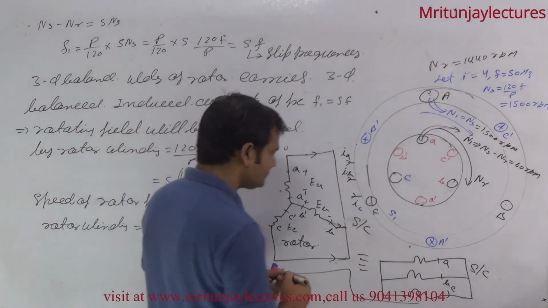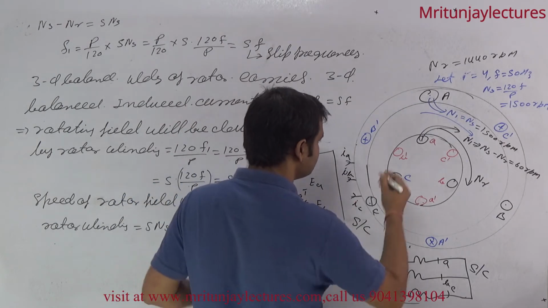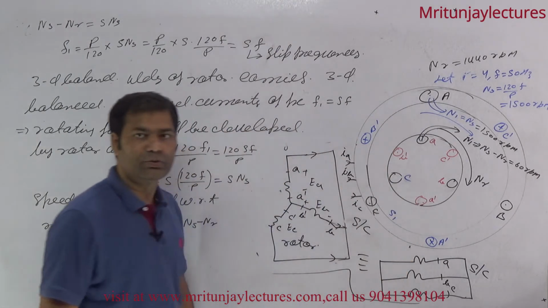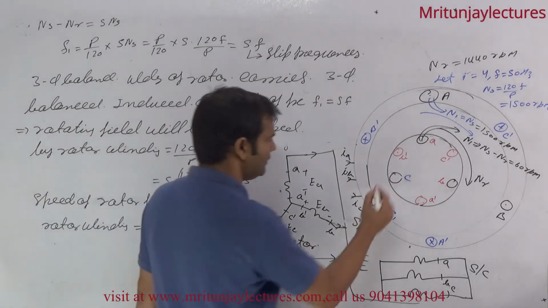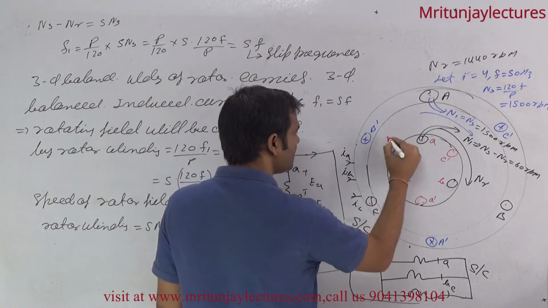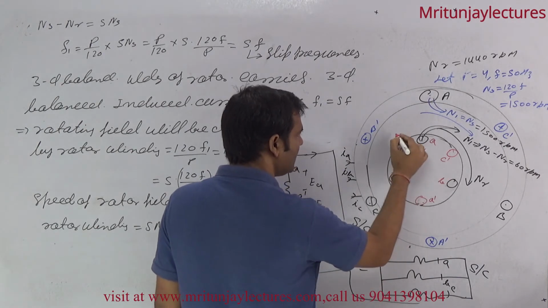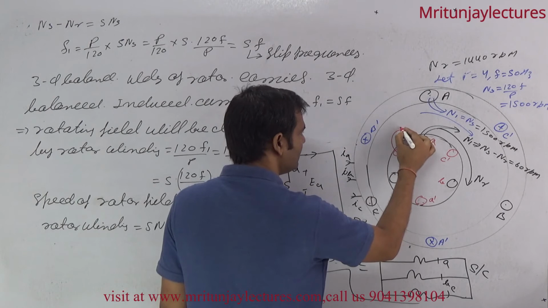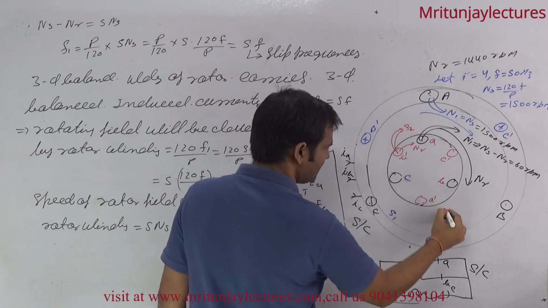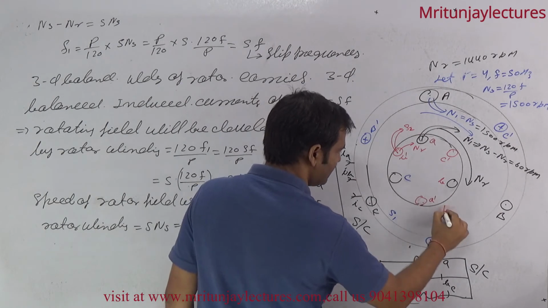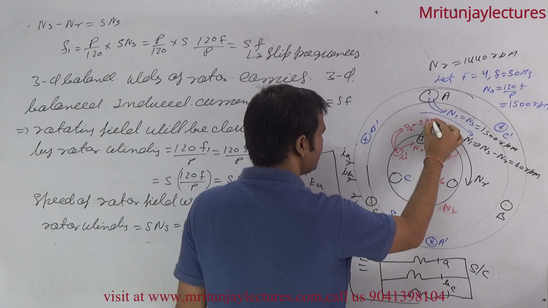It means if you sit on the rotor and see the rotor rotating like this, NR, and the rotating field of the rotor winding like this, it is written as SNS.